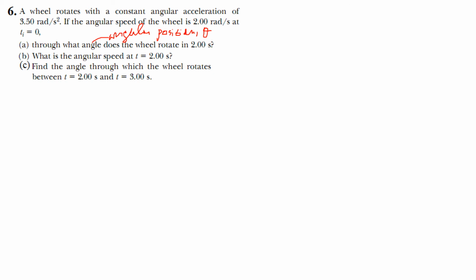We are also asked to find the angular speed when the time t is still 2 seconds. And we are asked to find the angle through which the wheel rotates when the time changes from t1 equals 2 seconds to t2 equals 3 seconds. This is delta theta, which is the angular displacement.